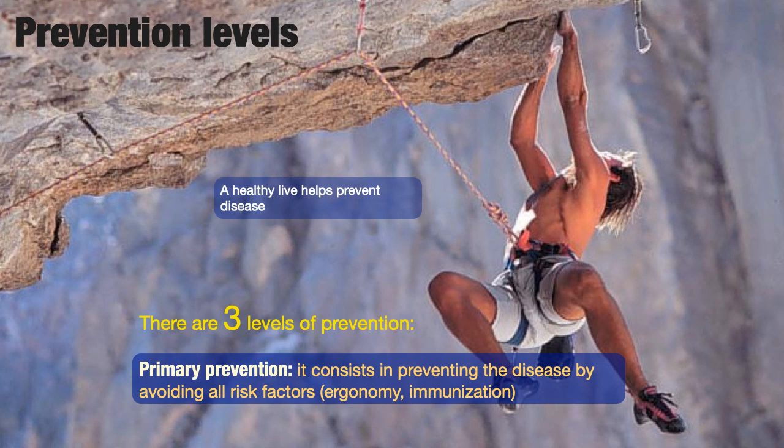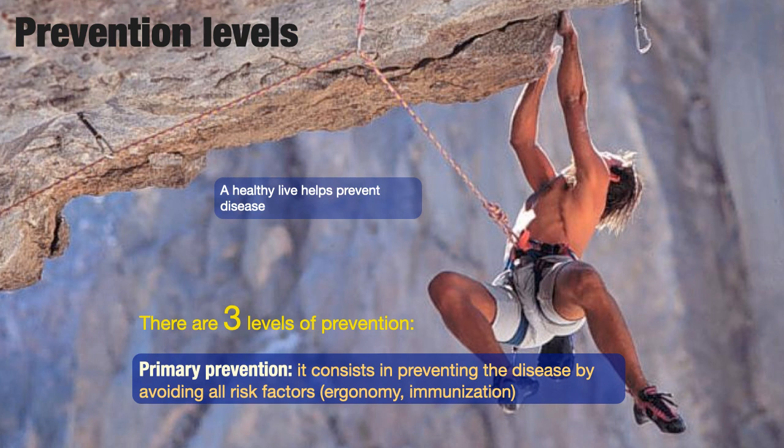Okay, more than ever, today we have an incredible knowledge and technology, and we also have many treatment options to fight disease, but the most important tool against disease is prevention. Next year, you'll learn a lot about prevention in the public health module that is taught by Jose Pineda.